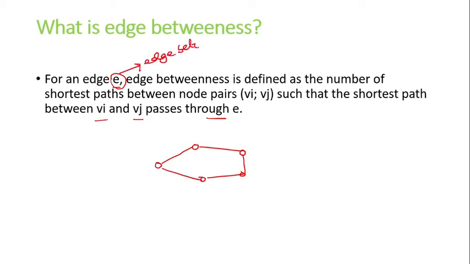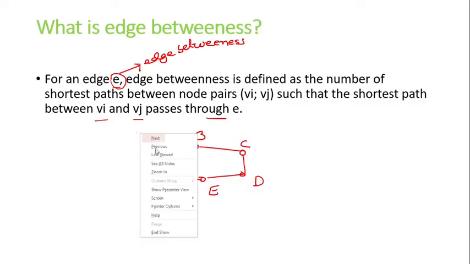Whichever edge it is, actually you have to find the edge betweenness for all the edges. Let's say this is my graph with nodes A, B, C, D, E, and this is the edge that I'm interested in.